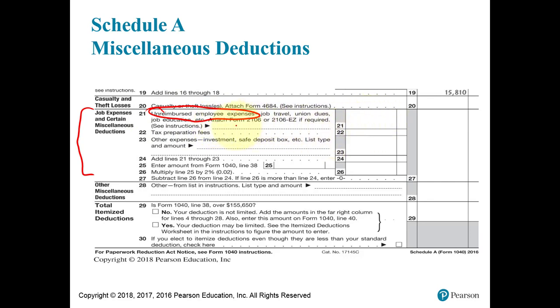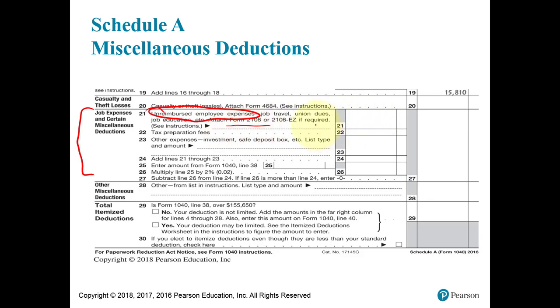Maybe you have to give more detail on this Form 2106 that calculates a lot of the business use of an automobile. But other stuff like travel, business travel, union dues are all included on that form or tallied up here with a small description.